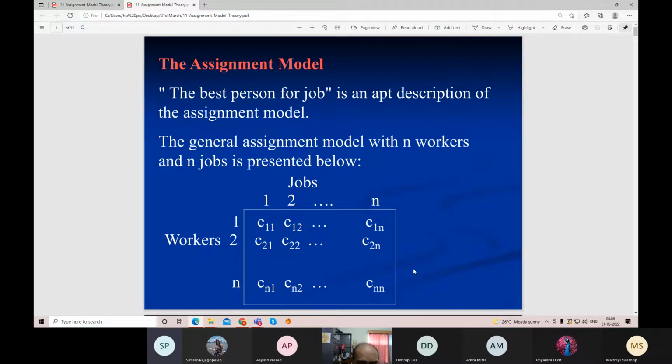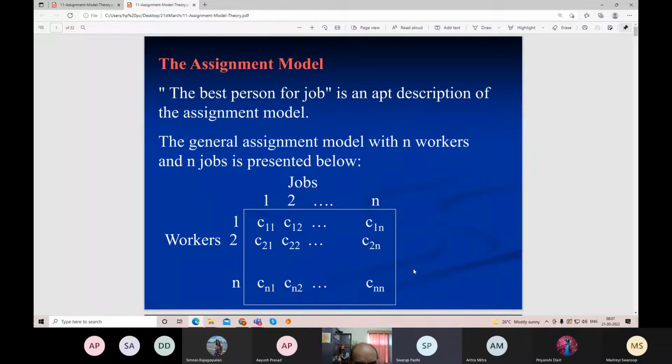Our main aim is to minimize the total processing cost when we assign a job to a worker. For example, the first worker is assigned to the first job, the second worker to the second job, the third worker to the third job, and the last worker to the last job.